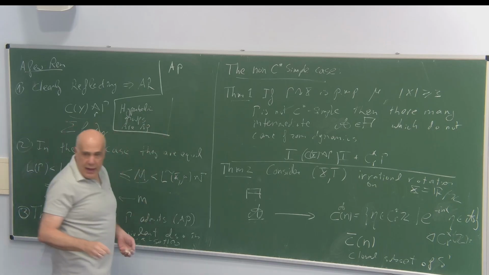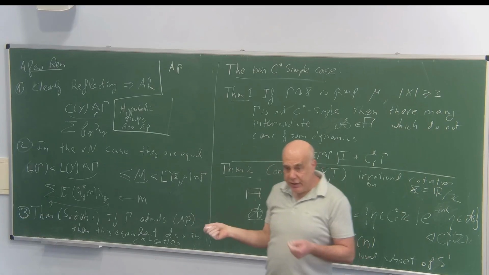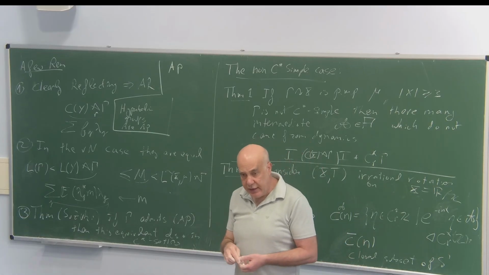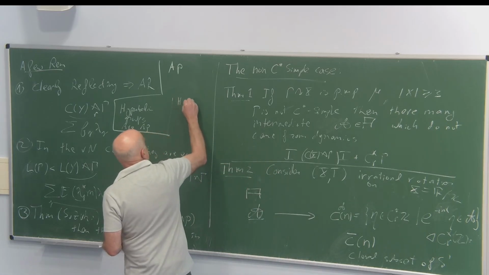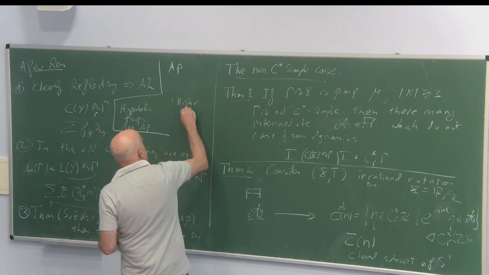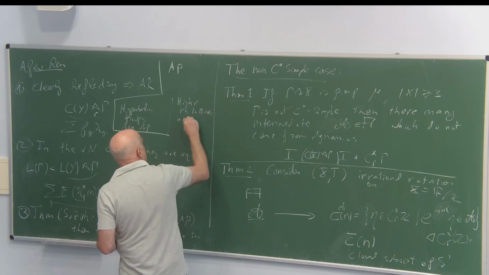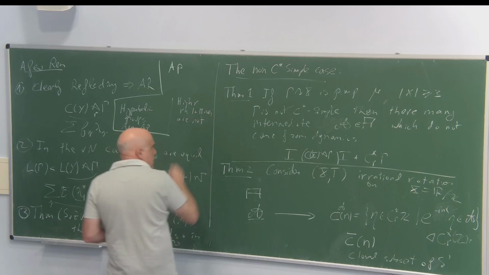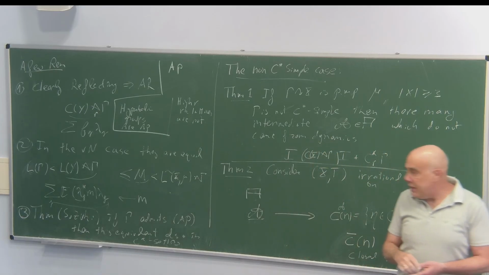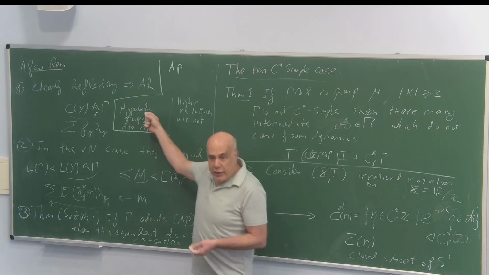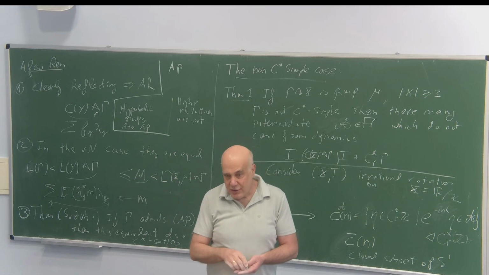On the other hand, if you look at higher rank lattices, for example, they don't satisfy this approximation property. Higher rank lattices are not. Yeah, I mean, higher rank lattices have property T. I mean, there are some hyperbolic groups with property T, right? So property T is not the issue here.